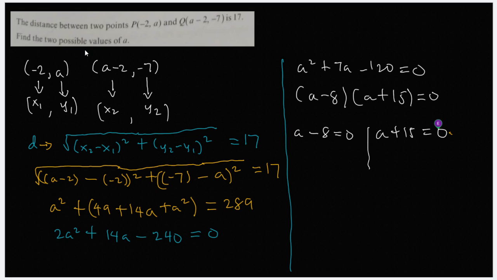Therefore, a is equal to 8 and a is equal to negative 15. These are the two values for a. So a would be equal to 8, and a could be equal to negative 15.